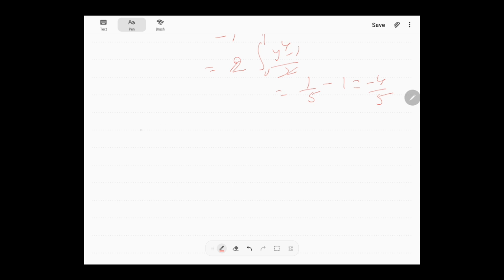The next problem is A bar equal to x i bar plus z j bar minus y k bar, and the surface is x square plus y square is equal to 1.